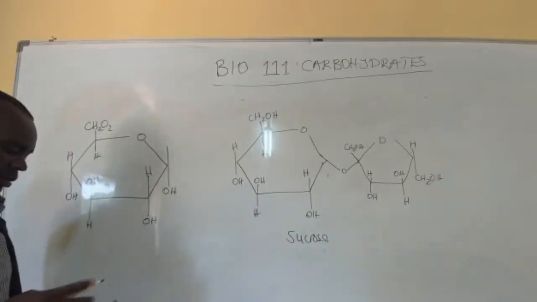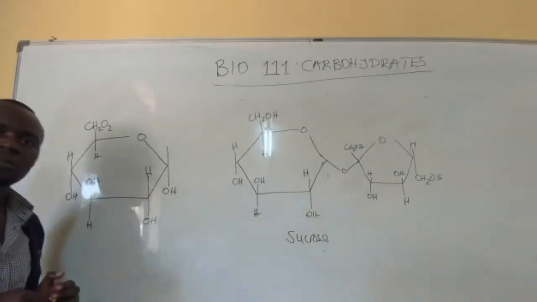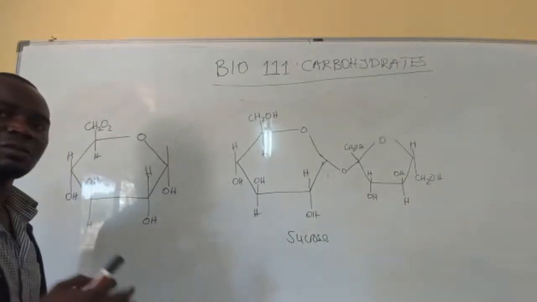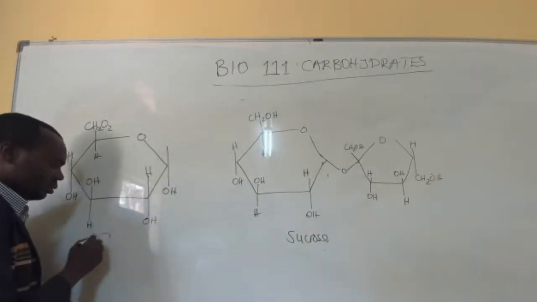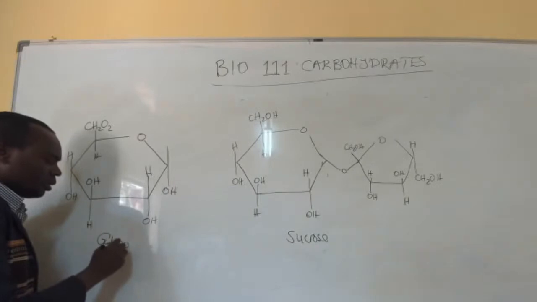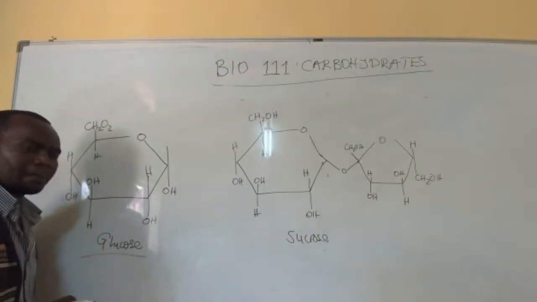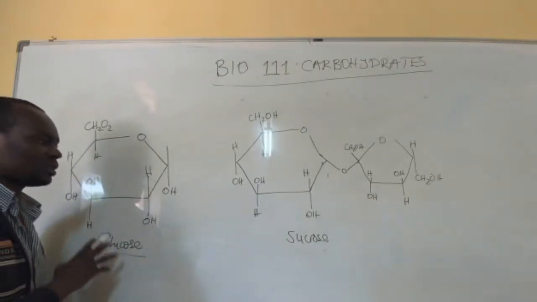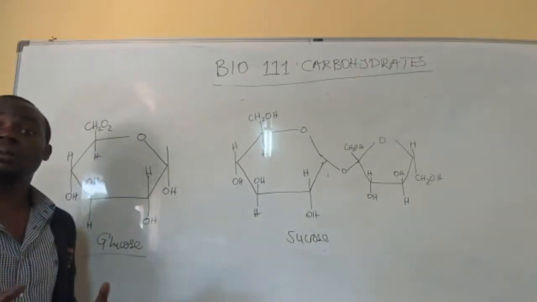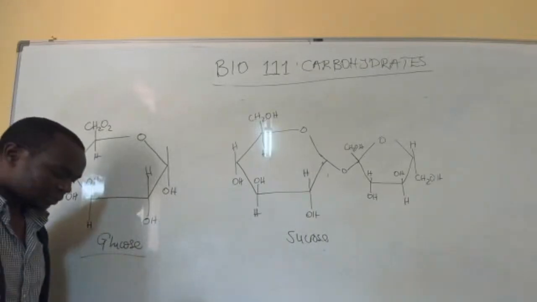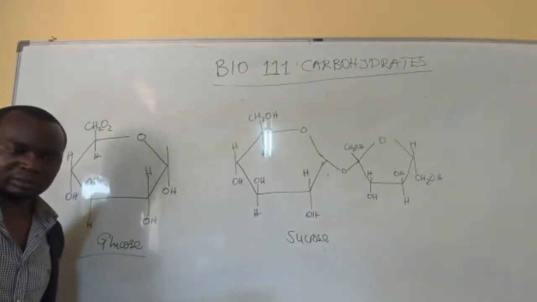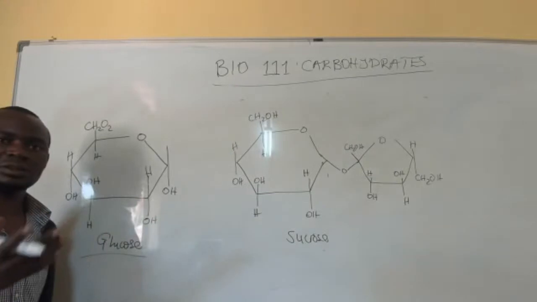Remember, the preferred form of carbohydrates for the body of most organisms, including human beings, is glucose. So when glucose is in excess, the body converts this glucose into other storage forms, such as sucrose and glycogen, as a storage form.